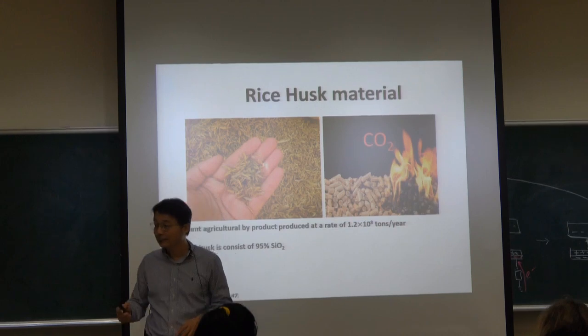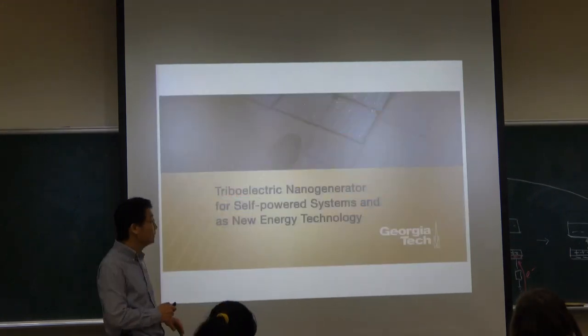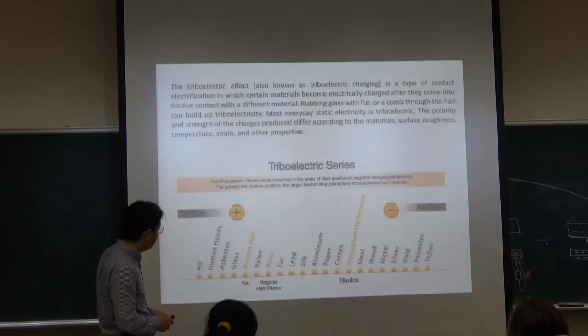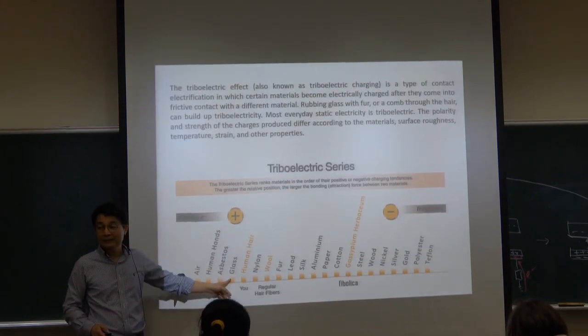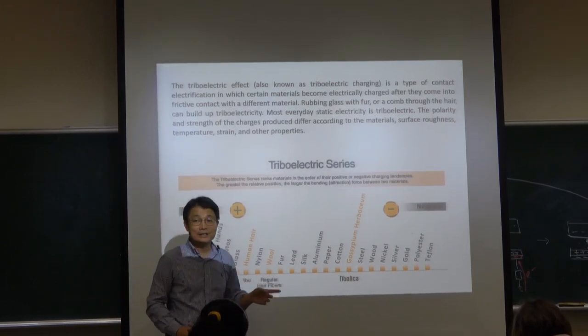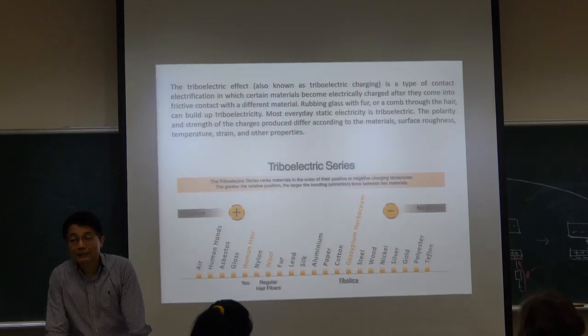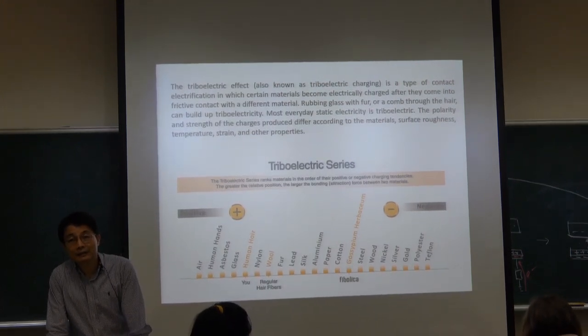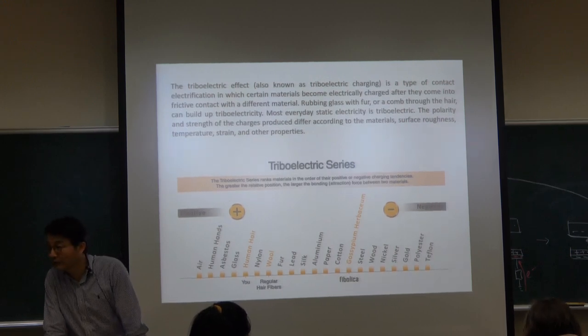Okay, silicon dioxide. So if you look at silicon dioxide in the triboelectric series table, right here is the glass, right? Glass is right here. So now you can easily understand, if I select triboelectric materials, glass is quite cheap, right?